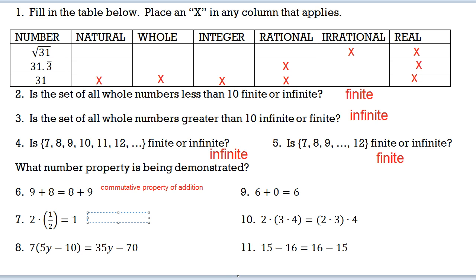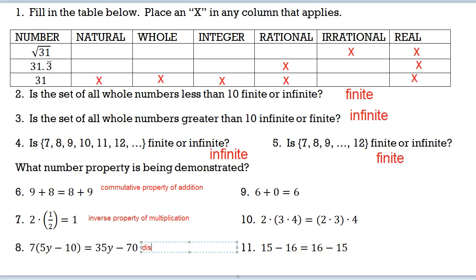Like, for instance, on number 7, you would want to call this the inverse property of multiplication. And it's called the inverse property because you're going in reverse. You've got this number 2 and you're asking yourself, what can I do to cancel it out? What can I do to get rid of it? Well, you multiply it by a half. Half of 2 is 1, so that 2 cancels with that other 2 in the denominator.